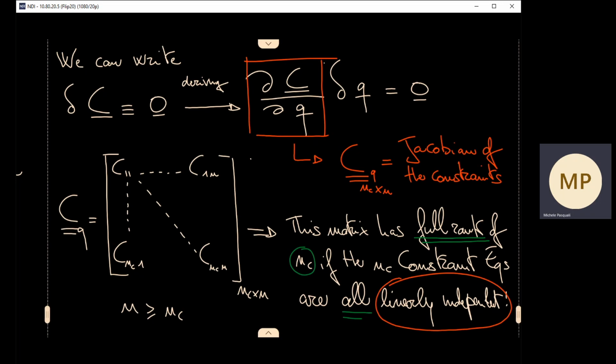I can anticipate it already, saying that if these are all linearly independent, we can make use of this matrix or some decomposition of this matrix to express the dependent parameters, coordinates, in terms of the independent ones, so that eventually, given this relationship, we can use it in our equations of motion and have equations of motion given only in terms of the independent parameters.